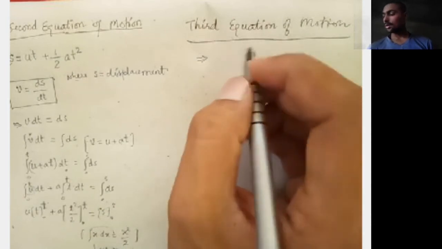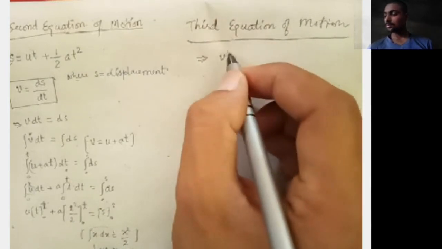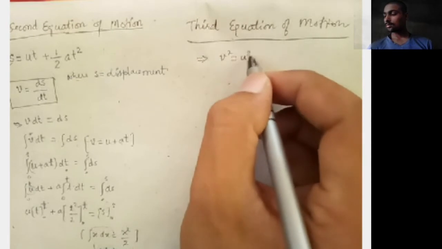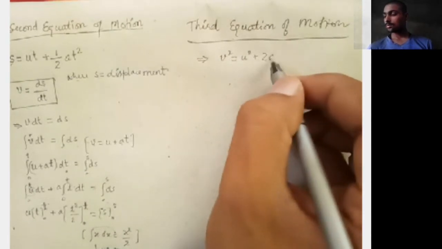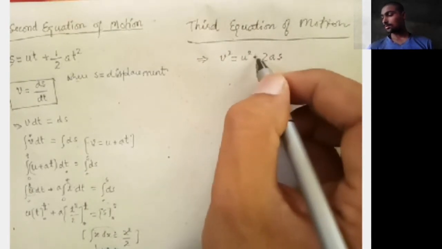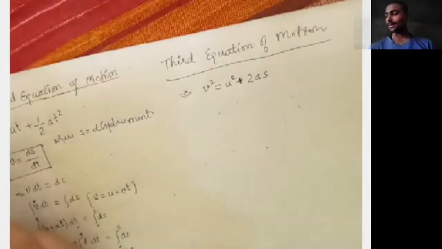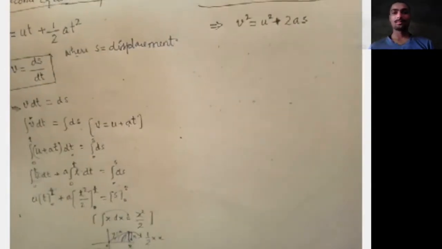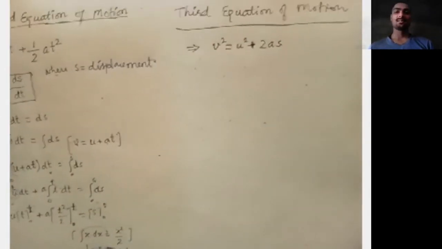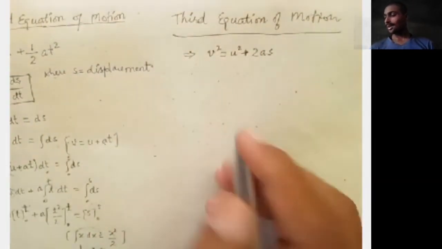The equation is v square equal to u square plus 2as, where all the symbols have their original meaning. It's not any difficult task, I think you know it already. Okay, let us derive it.